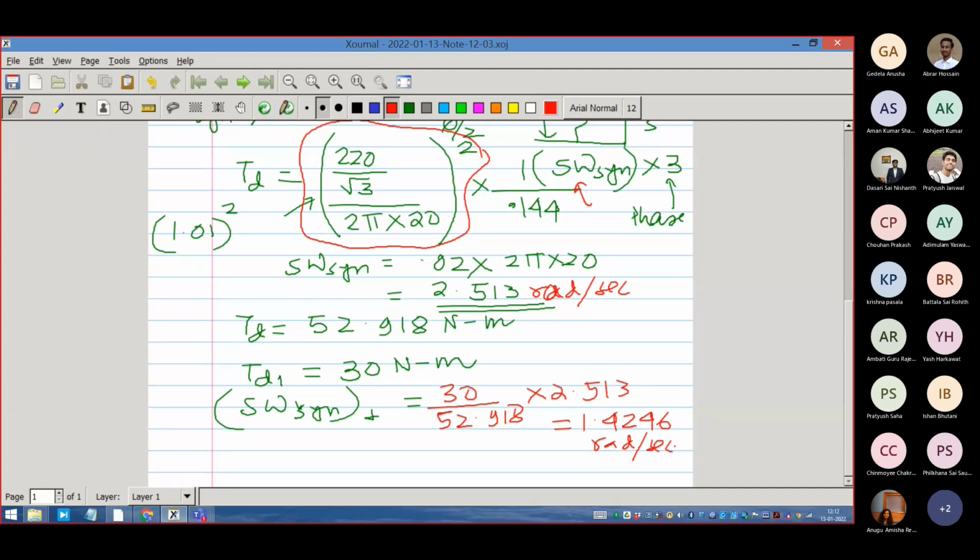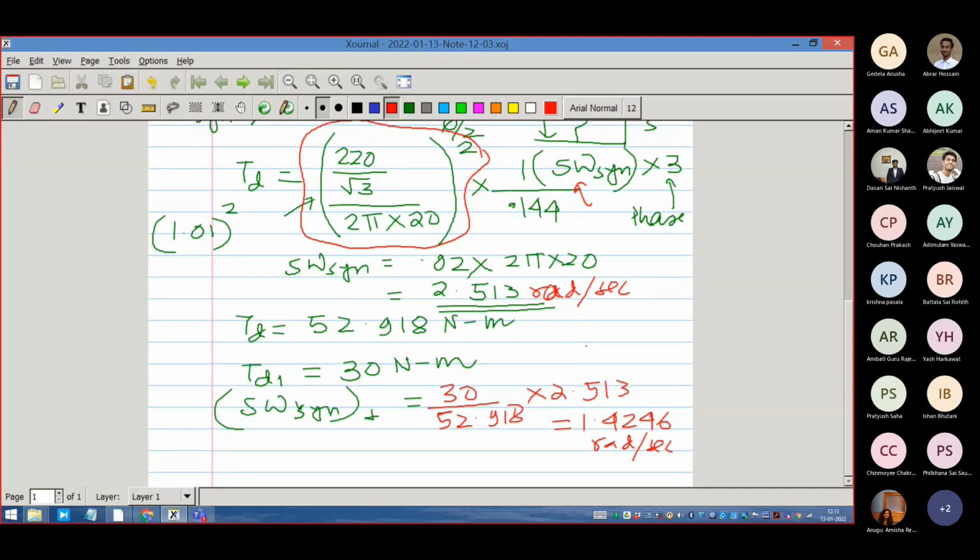This radian per second corresponds to how much RPM? Let us see: 2.513 divided by 2 divided by pi into 60, that is equal to 23.33 RPM.